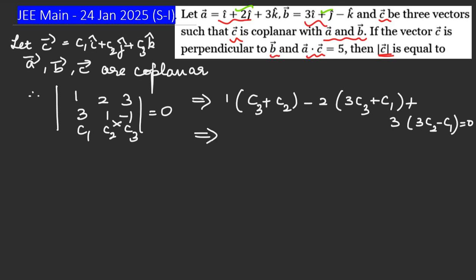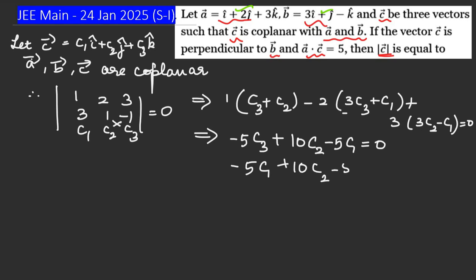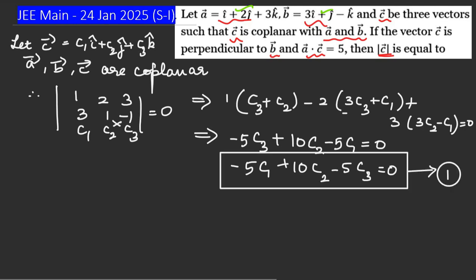Simplifying this equation, we get minus 5C1 plus 10C2 minus 5C3 is equal to 0. Let us take it as equation 1.